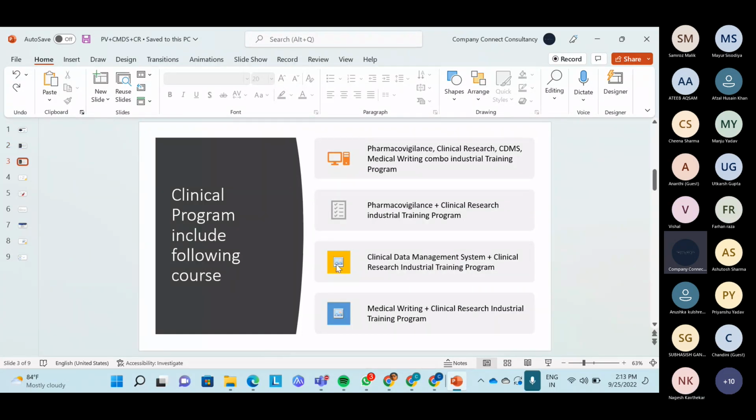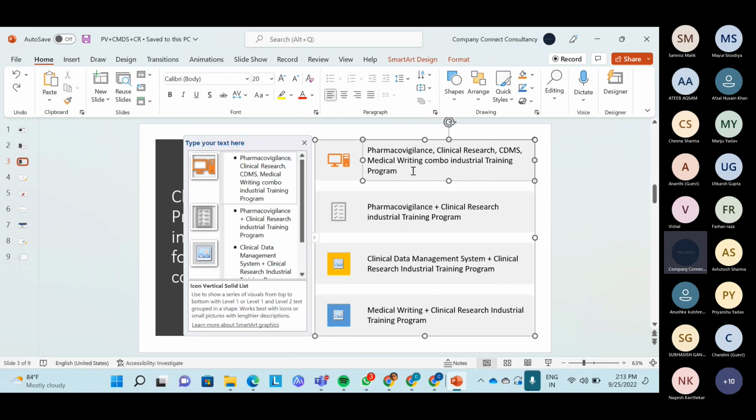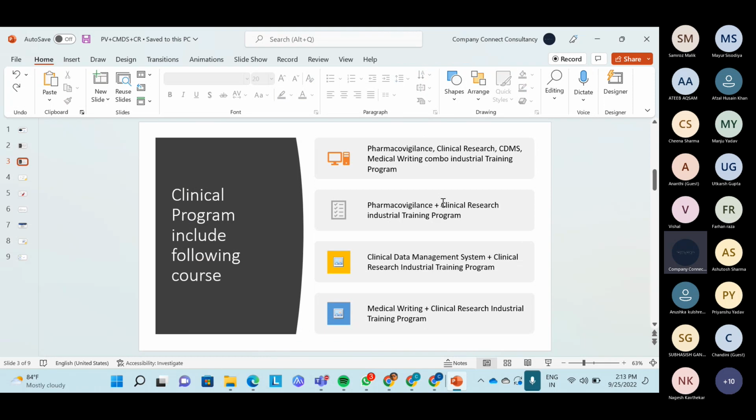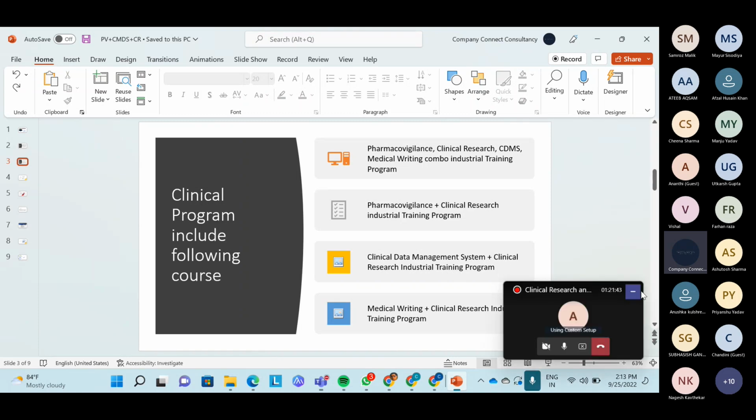Under this, we have various training programs. One is the pharmacovigilance, clinical research, CDMS, and medical writing combo program. Apart from that, you can enroll in pharmacovigilance plus clinical research, clinical data management system plus clinical research, or medical writing plus clinical research.